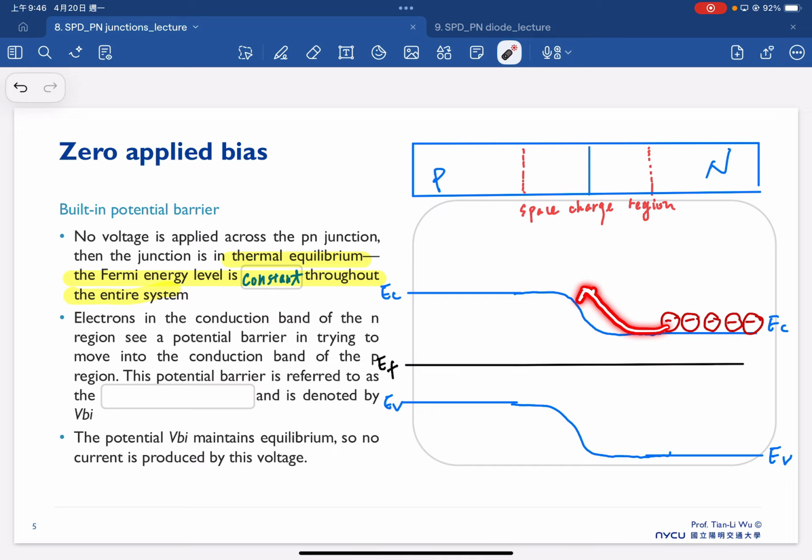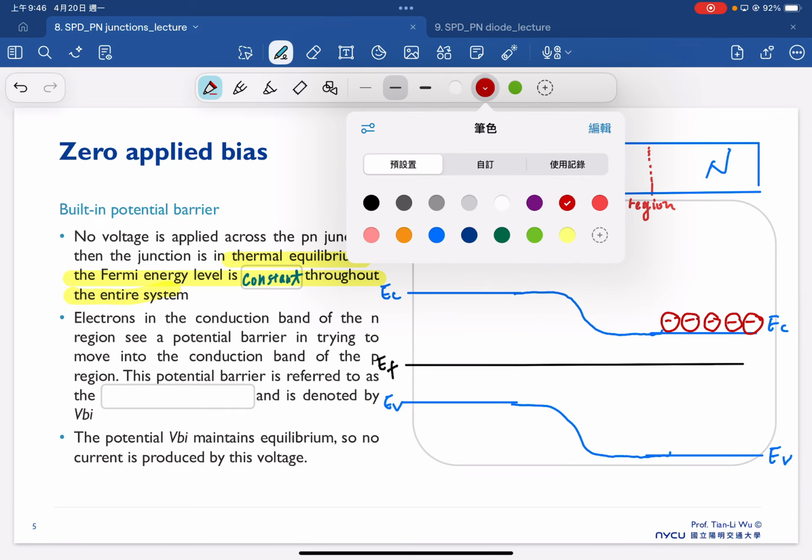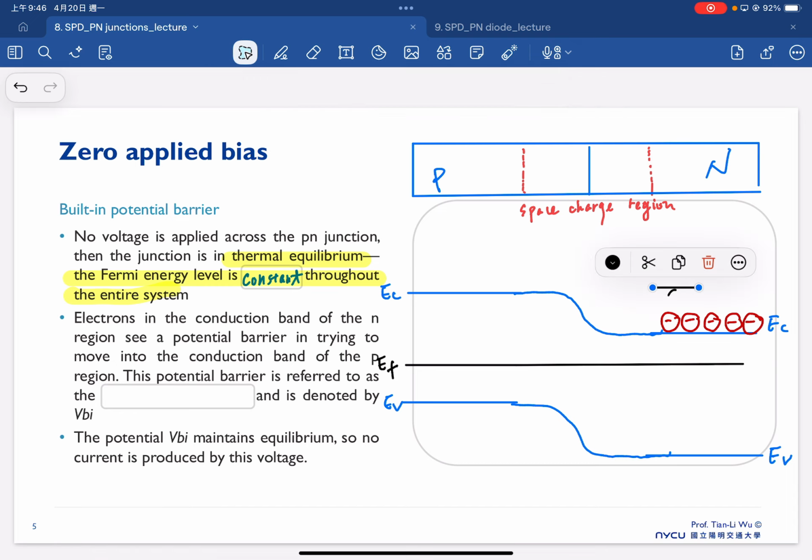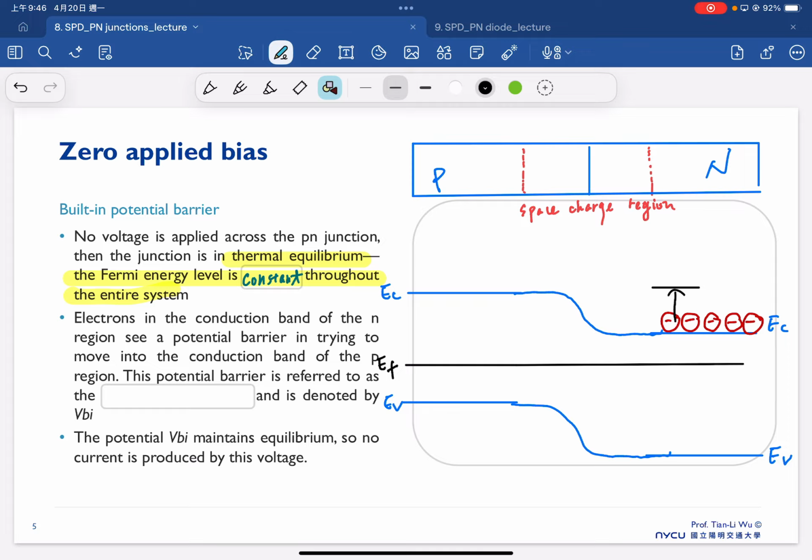This is something we call the built-in potential barrier.